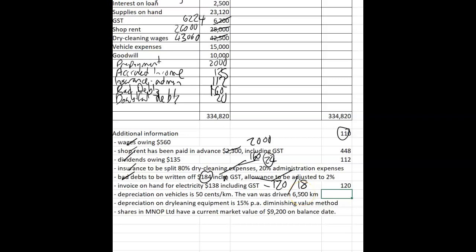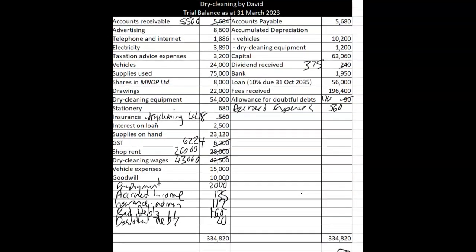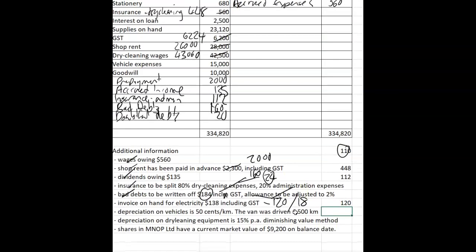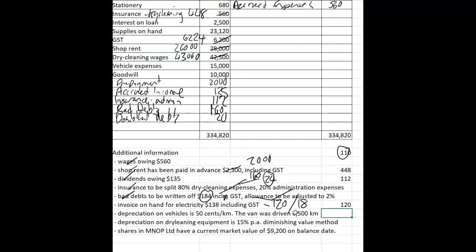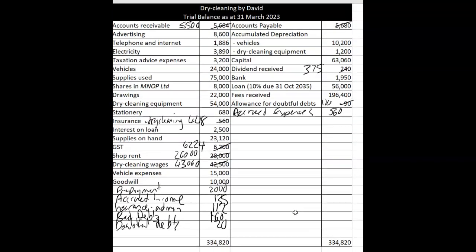So the whole lot gets added to your accounts receivable. Sorry, accounts payable. Oh, just better undo that one because we've got accounts payable already up here. So what we're going to do is add the whole lot to accounts payable. So that's 138.